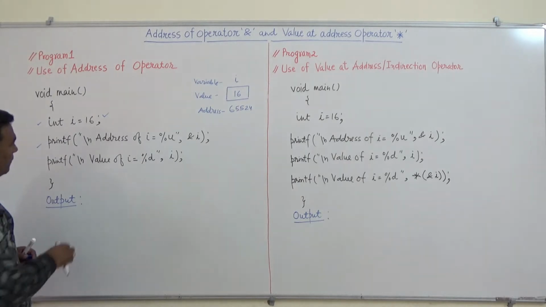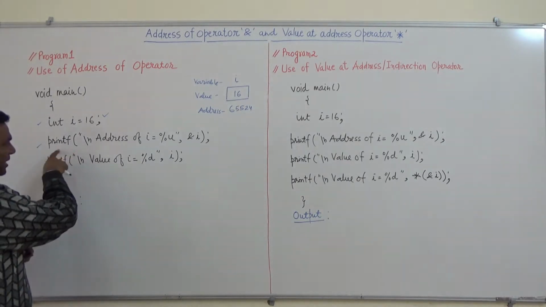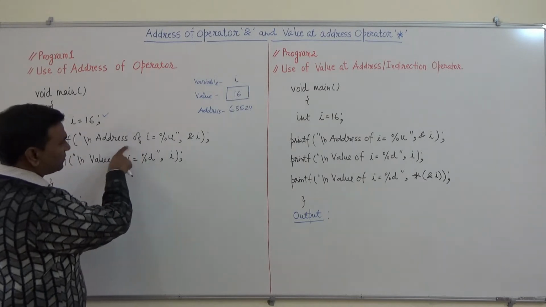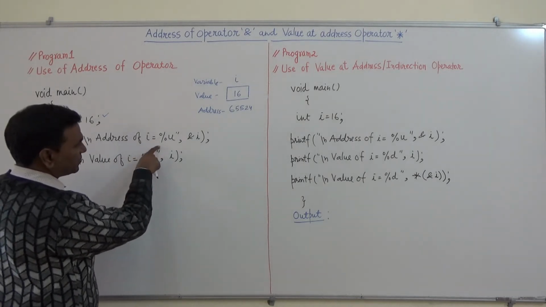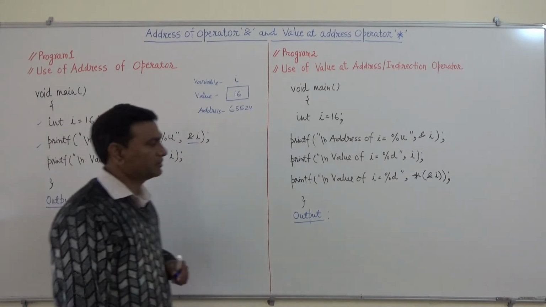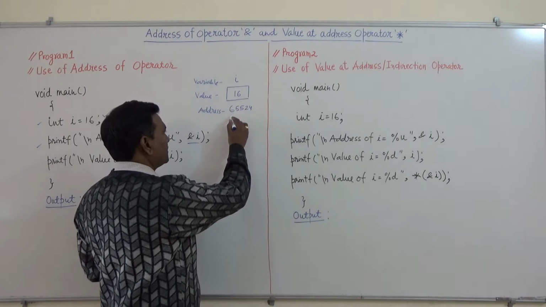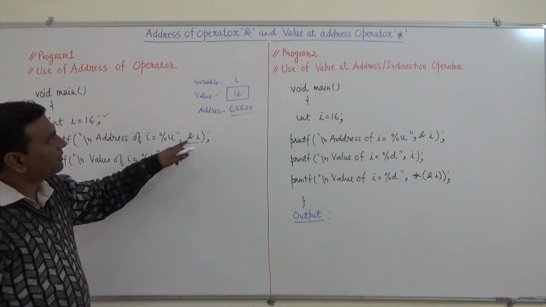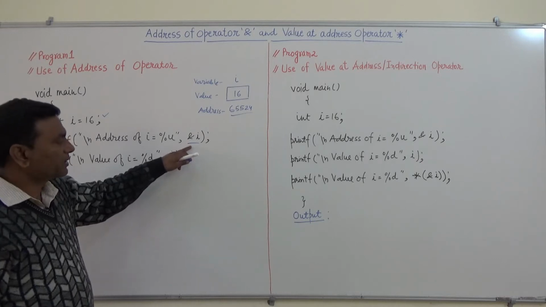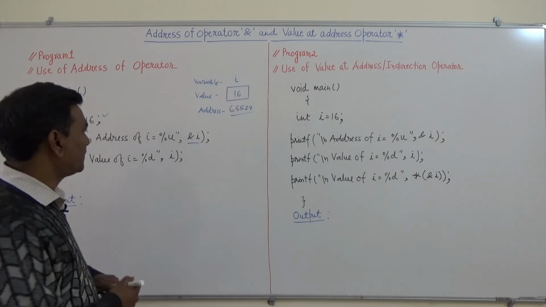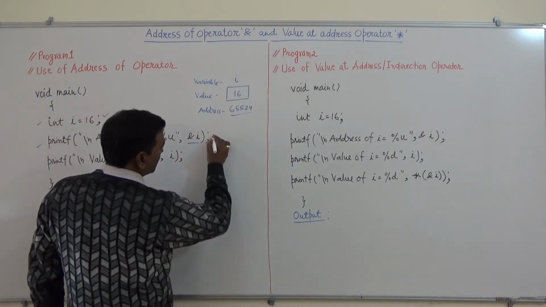Now we come to the next statement. This is printf. We want to print the address of I. The address can be printed by using %u. If we want to print this particular address, then we can use the address of operator, this ampersand.